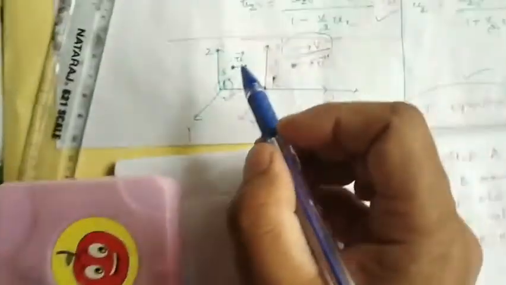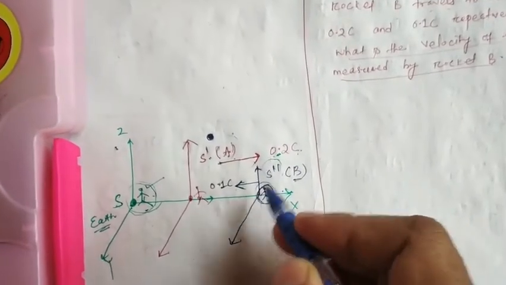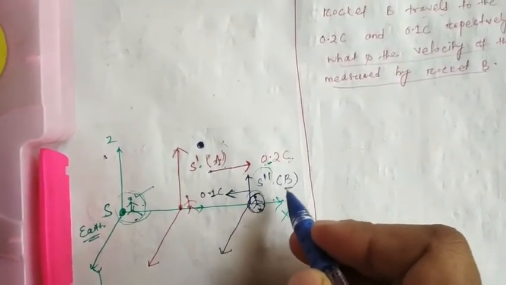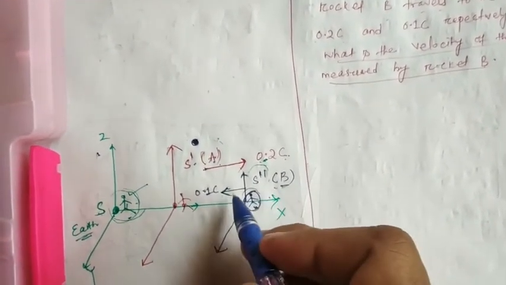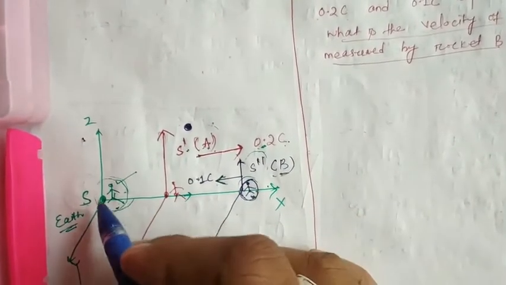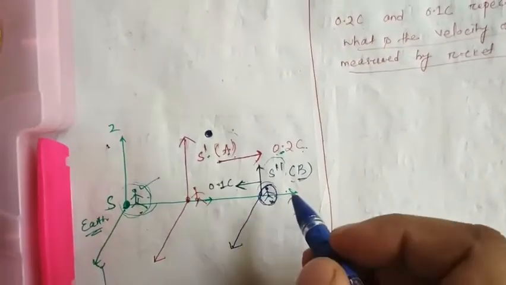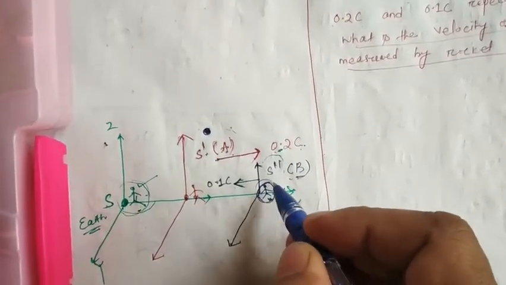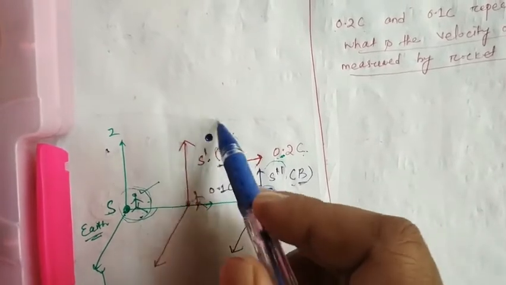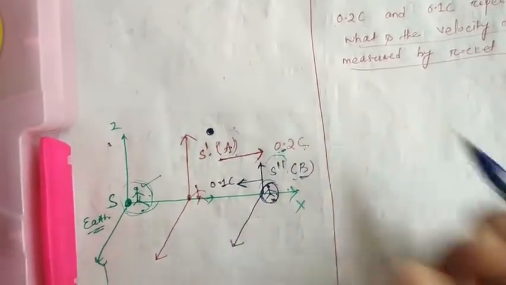Now another frame of reference, which is spaceship rocket B, is moving with velocity 0.1 c towards this side with respect to earth. Now from this frame of reference B, what will be the velocity of S dash or this particle that we are going to measure?